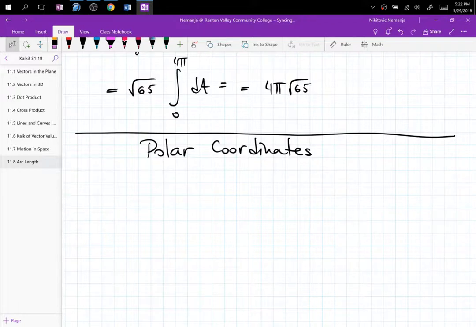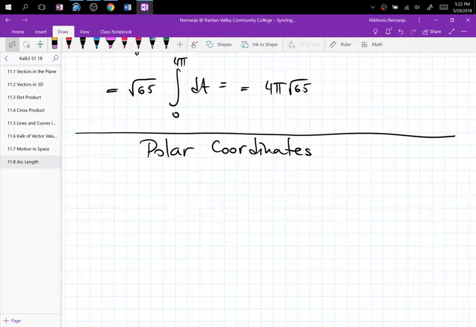So now we are going to take this one step further, and we are going to recall the conversion between rectangular and polar worlds, and then use the conversion in our parametric equations to come up with the formula for polar coordinates.